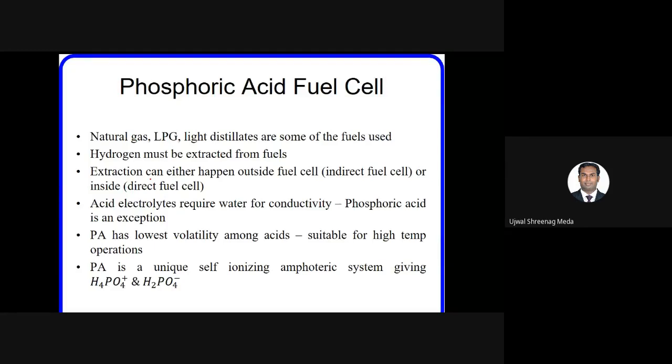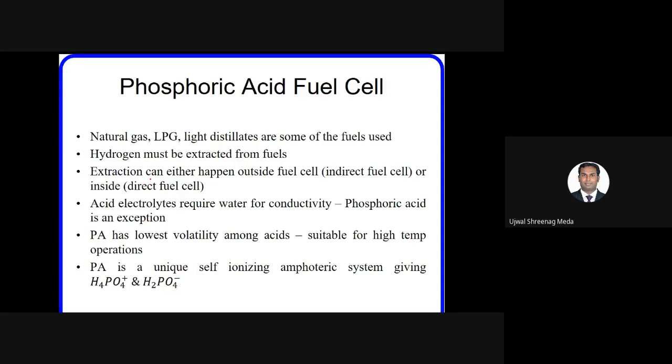Usually in phosphoric acid fuel cell, the fuel processing is external. In other cases, there are certain fuel cells where the fuel processing can be clubbed or can happen inside the fuel cell.